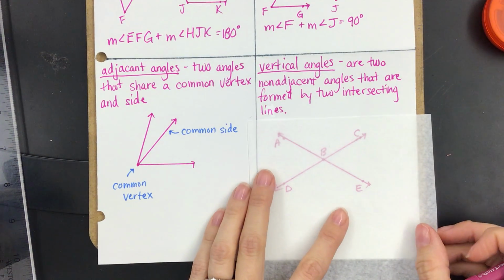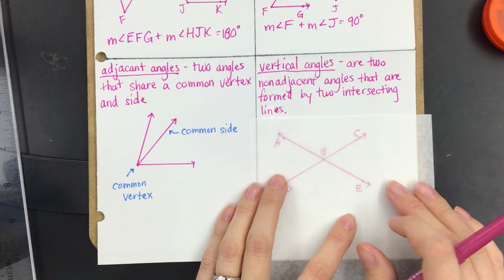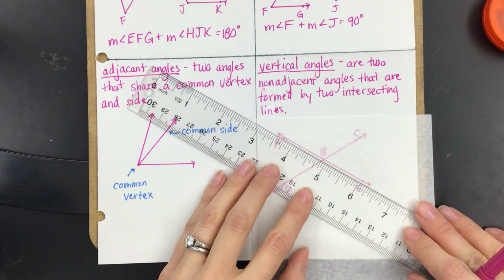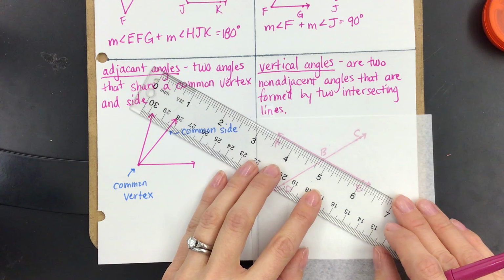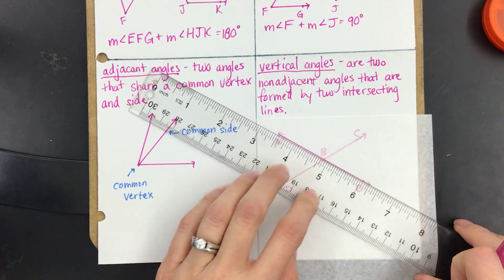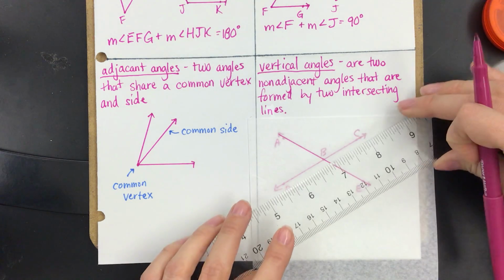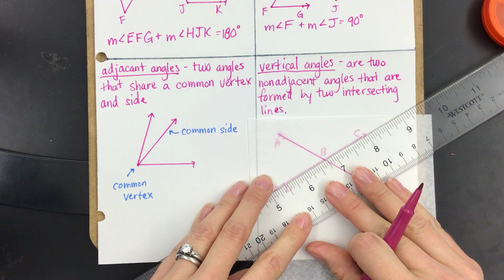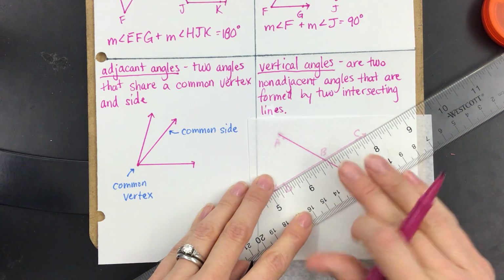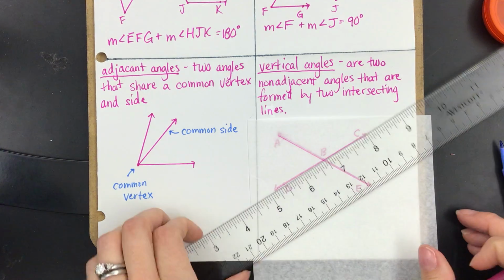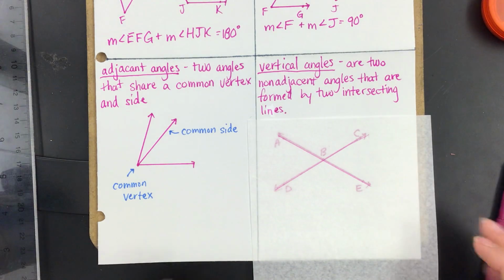So I'm going to explain vertical angles to you by using the patty paper. So you can just watch this part. I'm going to transfer my intersecting lines onto my patty paper. Oh, kind of went off a little bit on there, but okay.